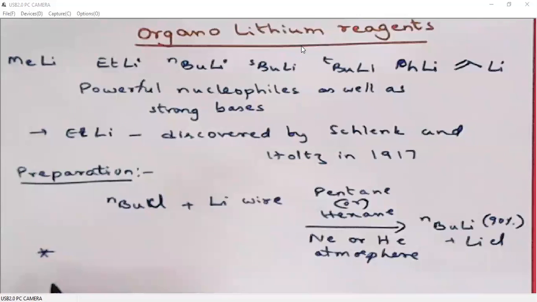Why not? A possible side reaction is that nitrogen can react with lithium metal to generate lithium nitride. Lithium nitride is a very stable compound, so it cannot be involved in alkyl lithium reagent generation. That is why we cannot use nitrogen here. Please take the notes.